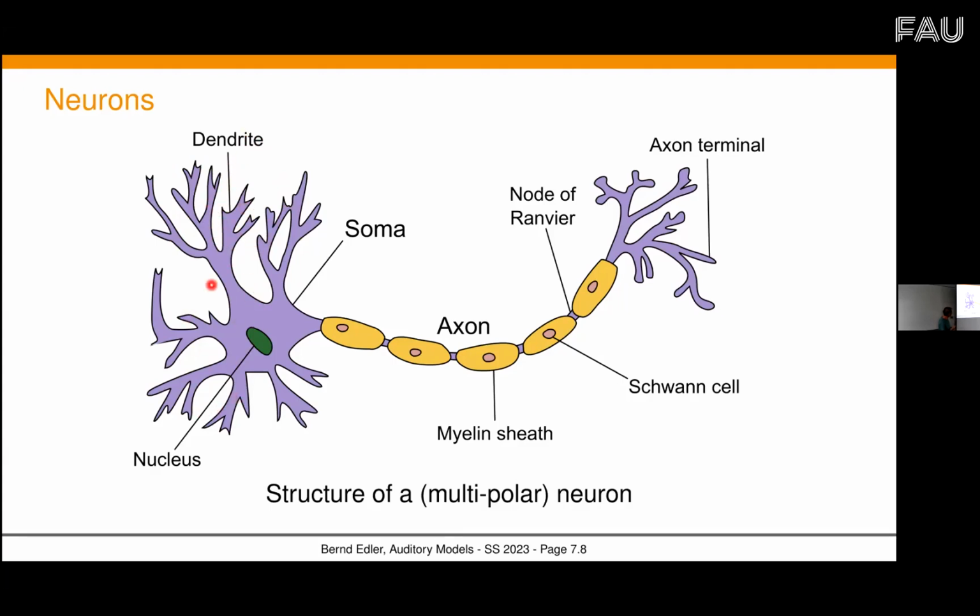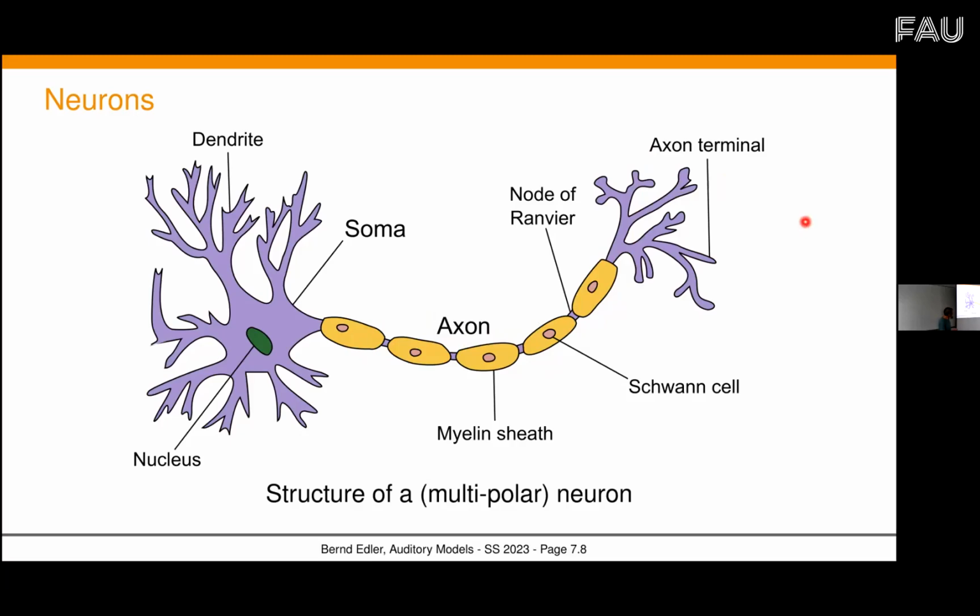And if there is some kind of electrical activity, then they could generate an action potential, which is a pulse-like electrical potential, and this would then be carried via the so-called axon, which is the fiber which, depending on where the information has to be transmitted, can have a certain length and also different structures.